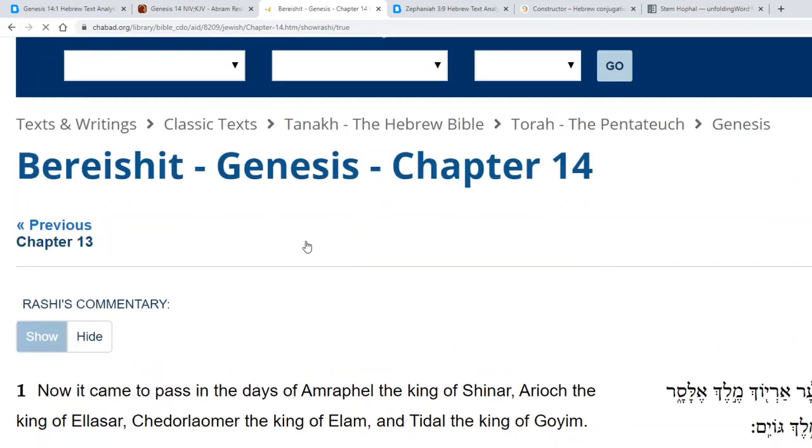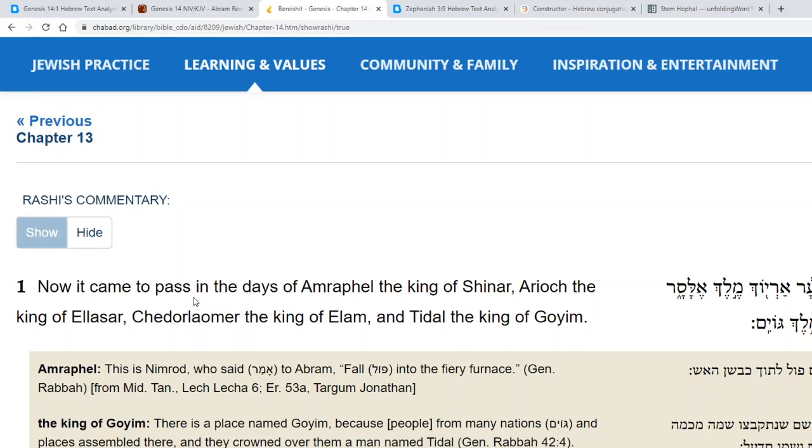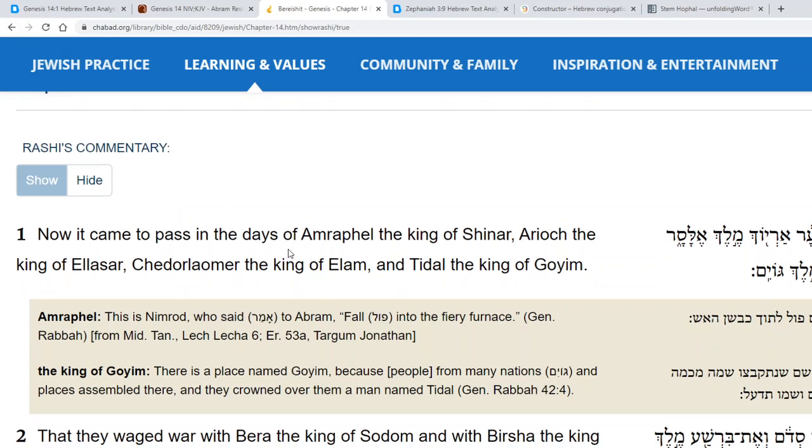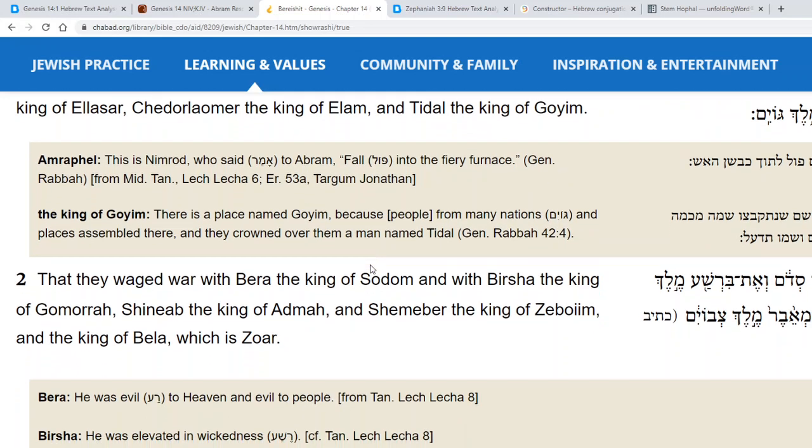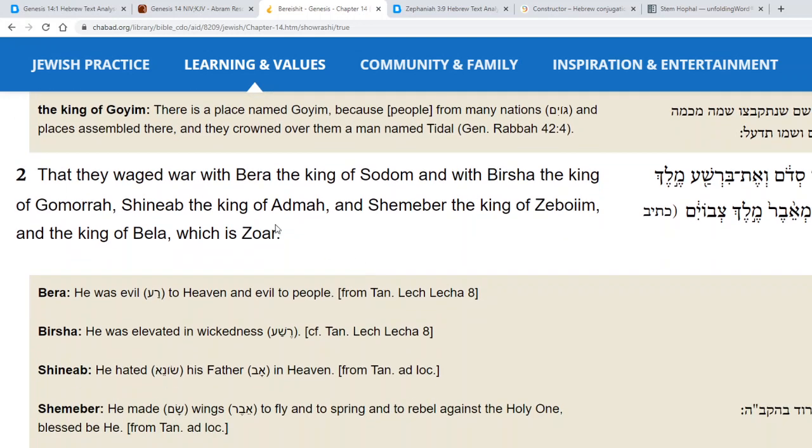Chapter 14. Okay. And now it came to pass in the days of Amraphel, the king of Shinar, Arioch, the king of Elasar, Kedorlaomer, the king of Elam, and Tidal, the king of Goyim. They're also saying it is a place name, and Rashi also says that if you want to take a look at the Rashis there.